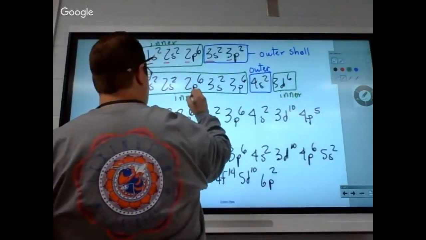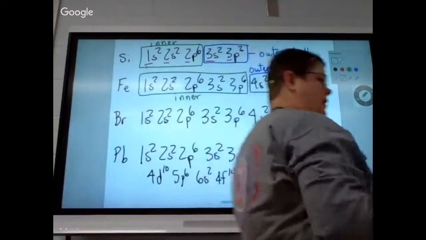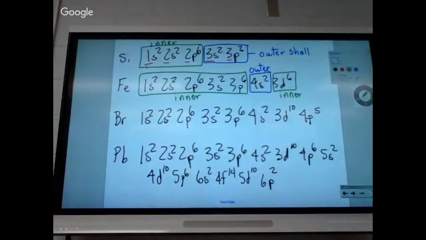Now, I picked iron to illustrate that the outer shell may not be at the end. It may turn out to be close to the end, but it may not be at the end.